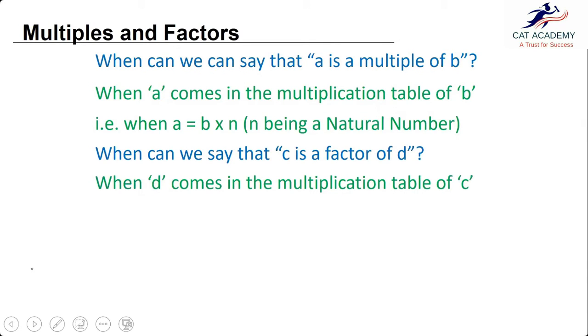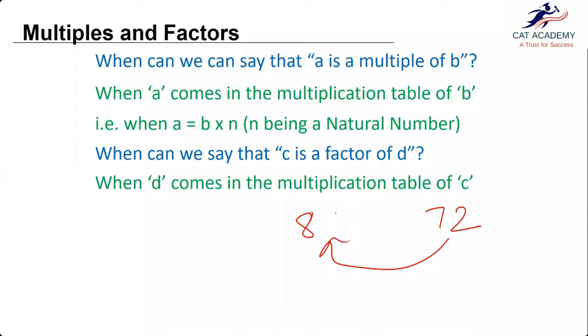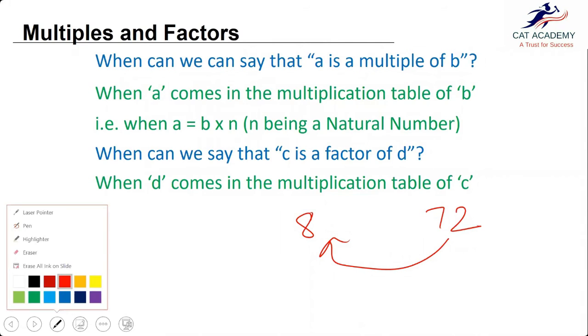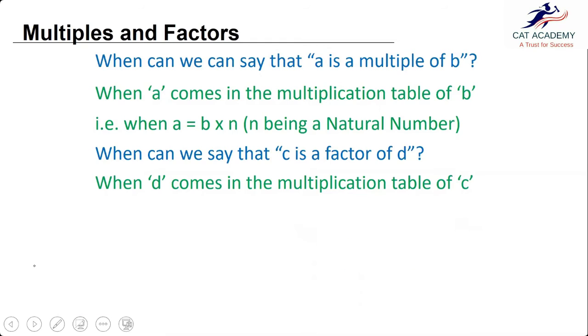When D comes in the multiplication table of C. Other way around, if I want C to be called a factor of D, for example, when can I say 8 is a factor of 72? 72 should appear in the table of 8. Then I will say that 8 is a factor of 72. Now this is active voice, passive voice. Okay?